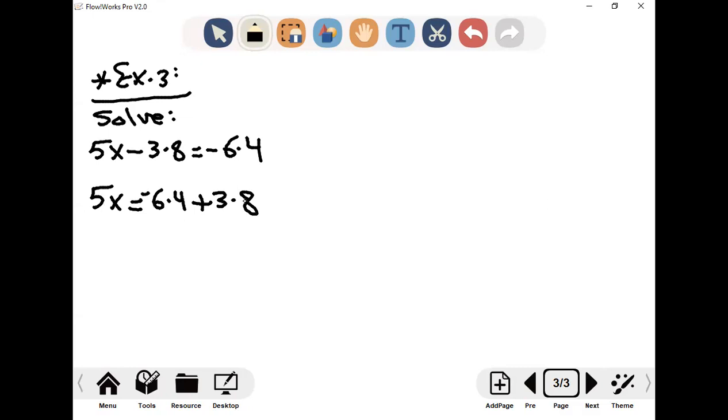Now, how do we deal with decimals? We deal with decimals as we deal with integers, right? Here we have different signs. The 6.4 is negative, the 3.8 is positive. The negative is the bigger sign here, right?